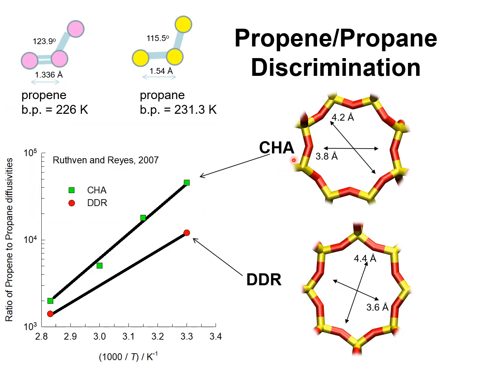Chabazite zeolite, suggested as an adsorbent for propene-propane separations, is a cage-type zeolite where adjacent cages are separated by windows which are 4.2 angstrom in this direction and 3.8 angstrom in this direction.